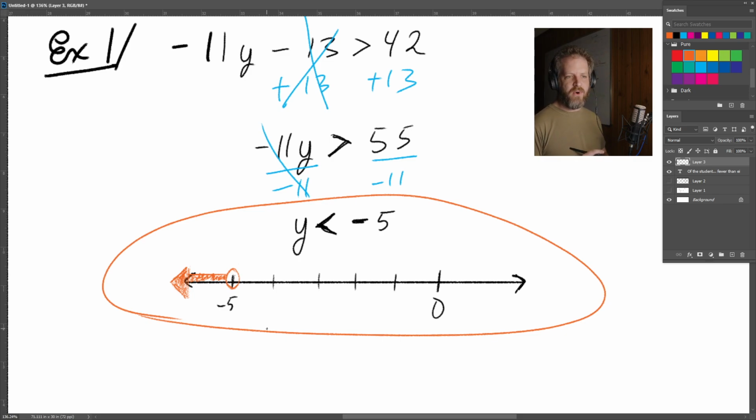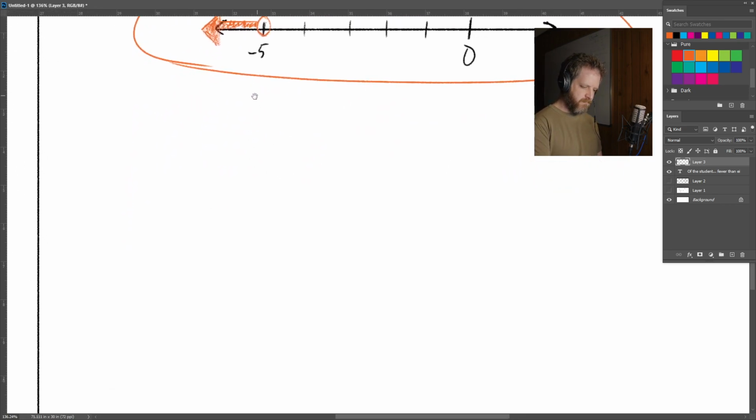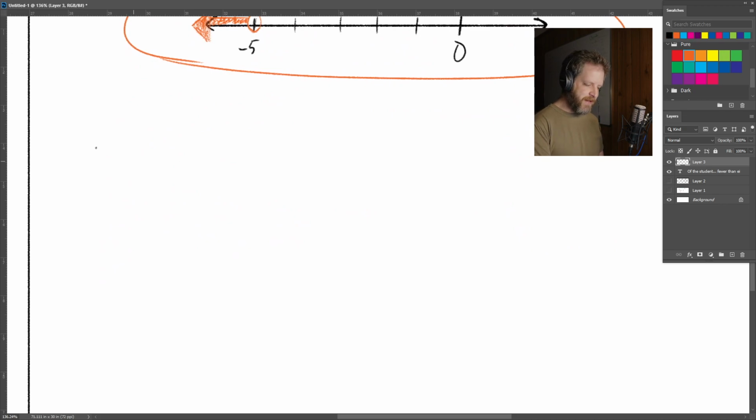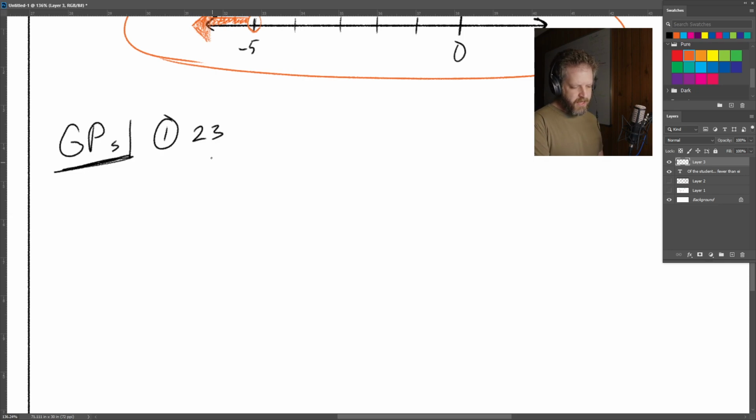Makes sense to everyone? Okay, good. We're going to do a couple of GPs. You're going to do a couple of GPs. First one is going to be 23 is greater than or equal to 10 minus 2w.